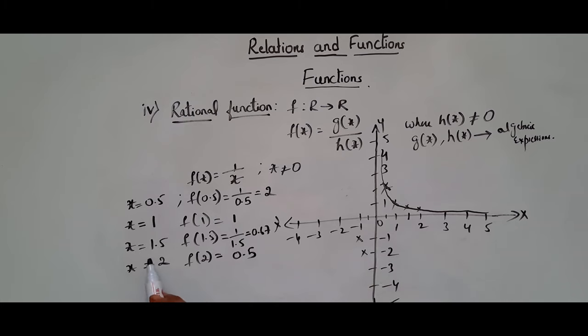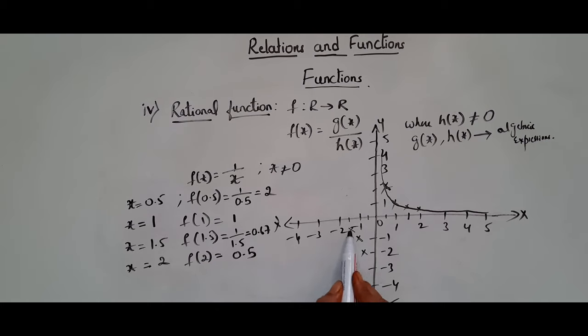When x is equal to -1.5, your y value will be -0.67. So when x is equal to -1.5, that is here somewhere, y value will be -0.67. Similarly, when x is -2, your y value will be -0.5.